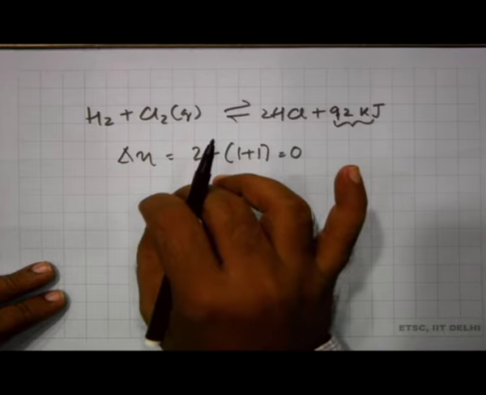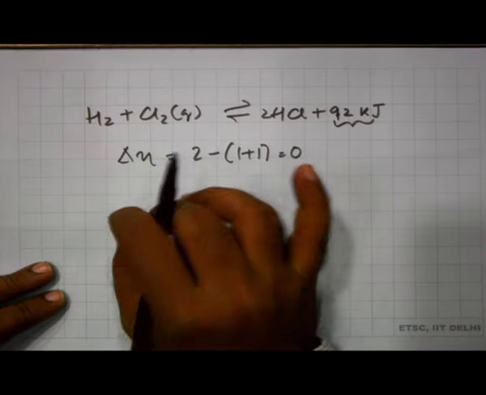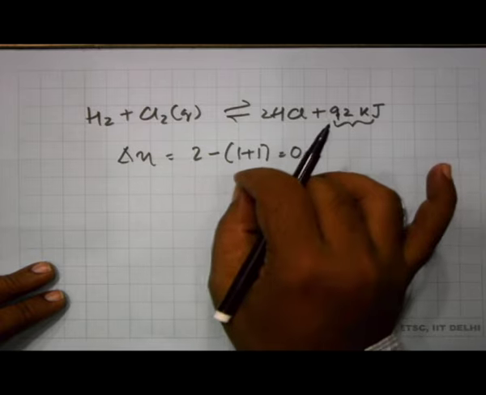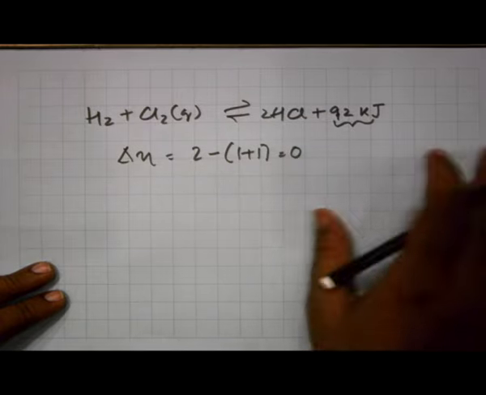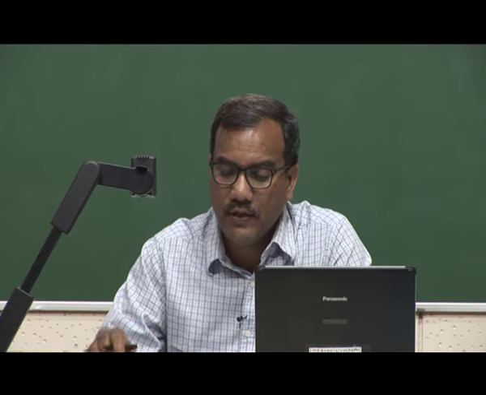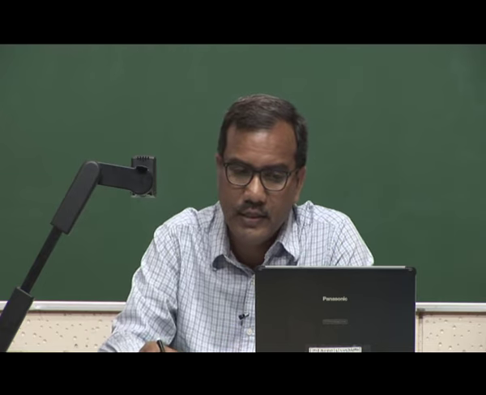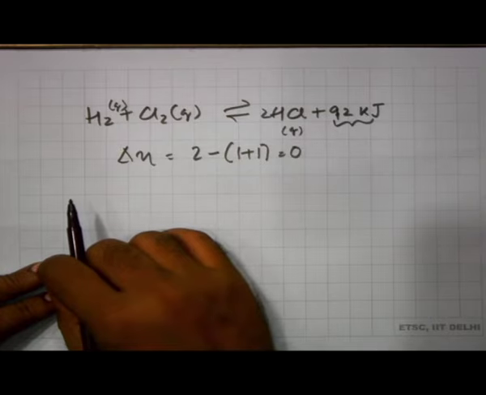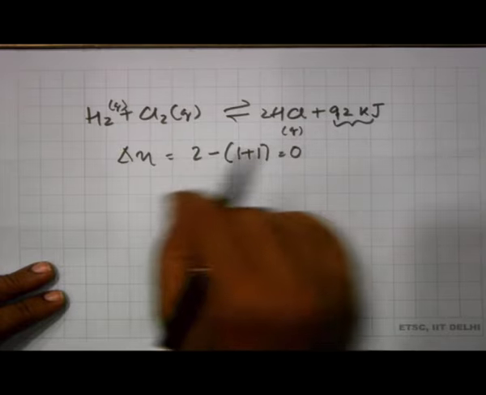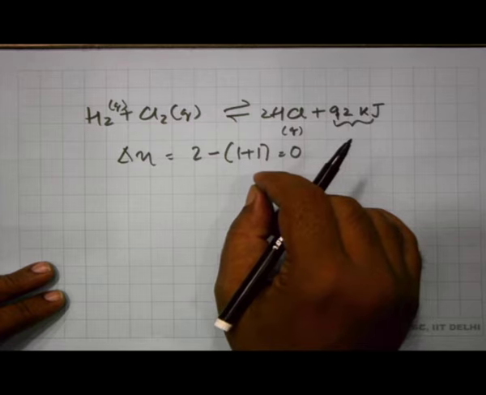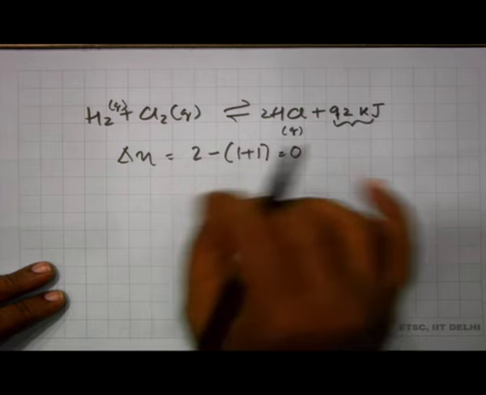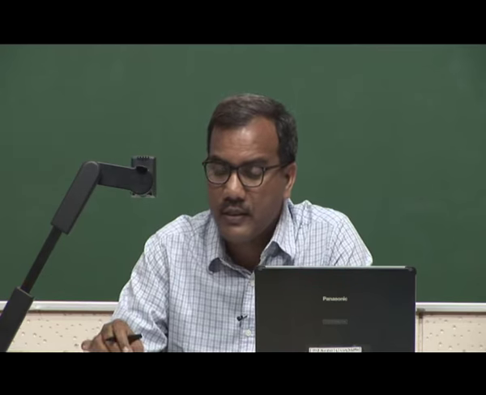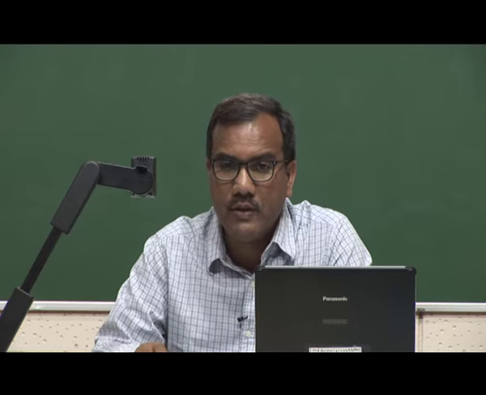What does that mean is, increase or decrease in pressure will not affect this reaction, all are in gaseous phase. Okay. But introduction of inert gas will also not affect this reaction, whether it is carried out at constant volume or constant pressure.